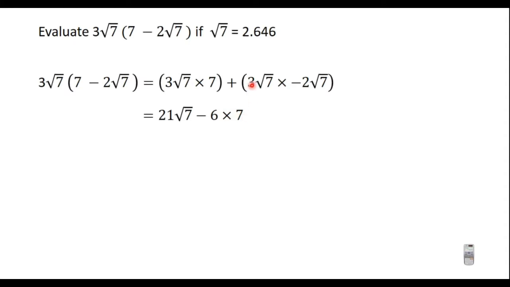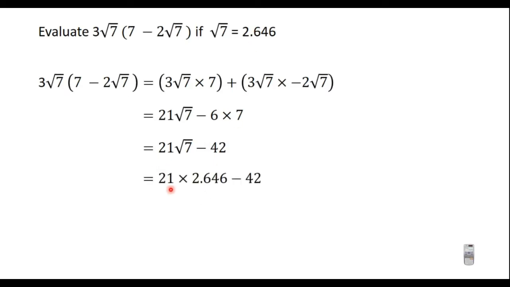So you have 3 times negative 2 to give us negative 6, then square root of 7 times square root of 7 to give us 7. So you are going to have 21 root 7 minus 6 times 7 will give us 42. Don't forget the negative here, so we have negative 42. Now you can see this is in its simplest form. Since square root of 7 can't be reduced any further, you can now substitute this in here.